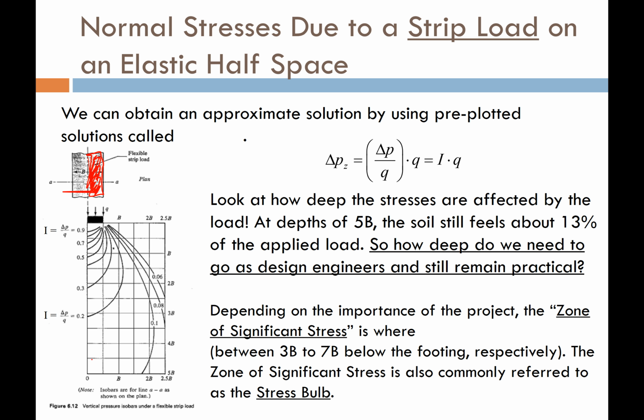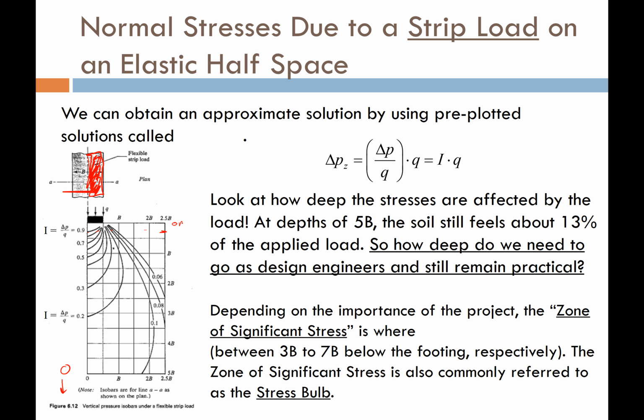I is plotted as a ratio, anywhere between 0, that's way down deep, all the way up to 90% at this normalized depth of, what would that be? Each one of these is 1B.